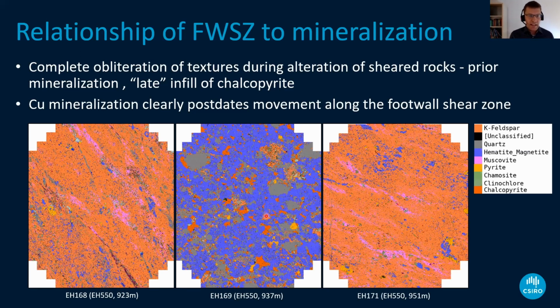And once you replace the K-feldspar, or once you destruct the K-feldspar, you basically result with hematite, magnetite. You redistribute the silica into quartz, and you allow porosity to be infilled with chalcopyrite.